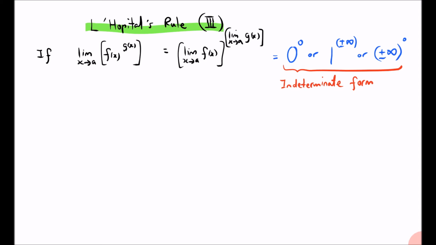That's the crux of this type of question. So if this is true, then we have to follow the following steps, and by these steps we can still apply L'Hopital's rule.